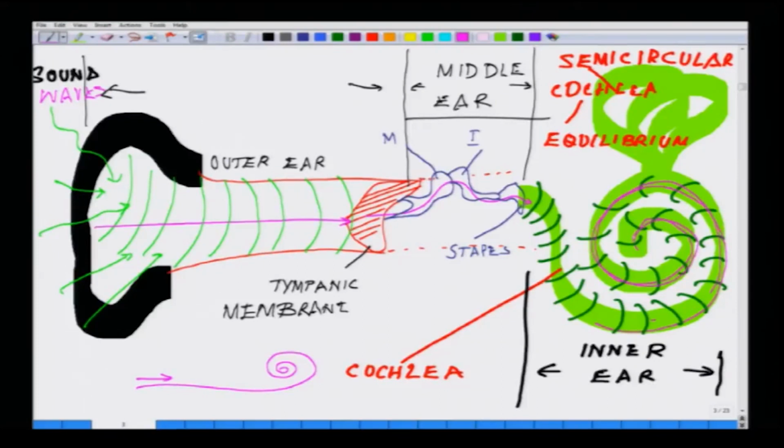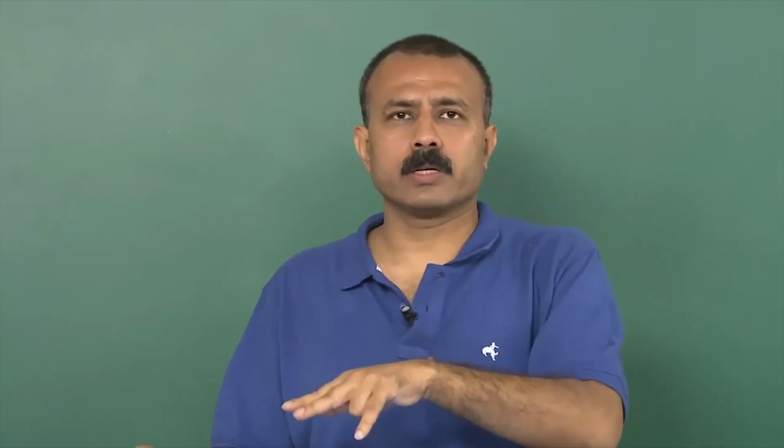These cells are called the hair cells. Your corollary should be that when we talked about the retina, we talked about the rods and the cones, which were translating the light impulse into electrical impulse. Here, we will be talking about the hair cells, which will be translating the sound signal into electrical signals.